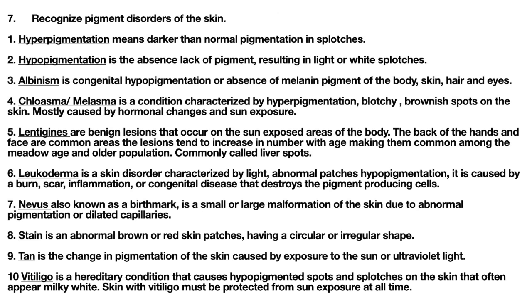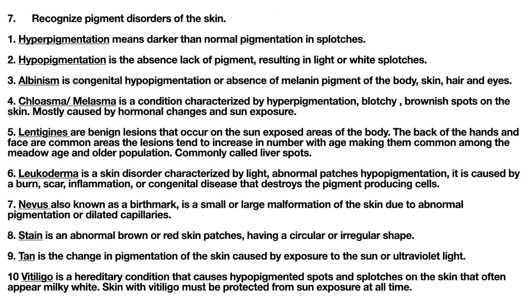Number 4, chloasma or melasma is a condition characterized by hyperpigmentation, blotchy brownish spots on the skin, mostly caused by hormonal changes and sun exposure. Number 5, lentigines are benign lesions that occur on the sun-exposed areas of the body.